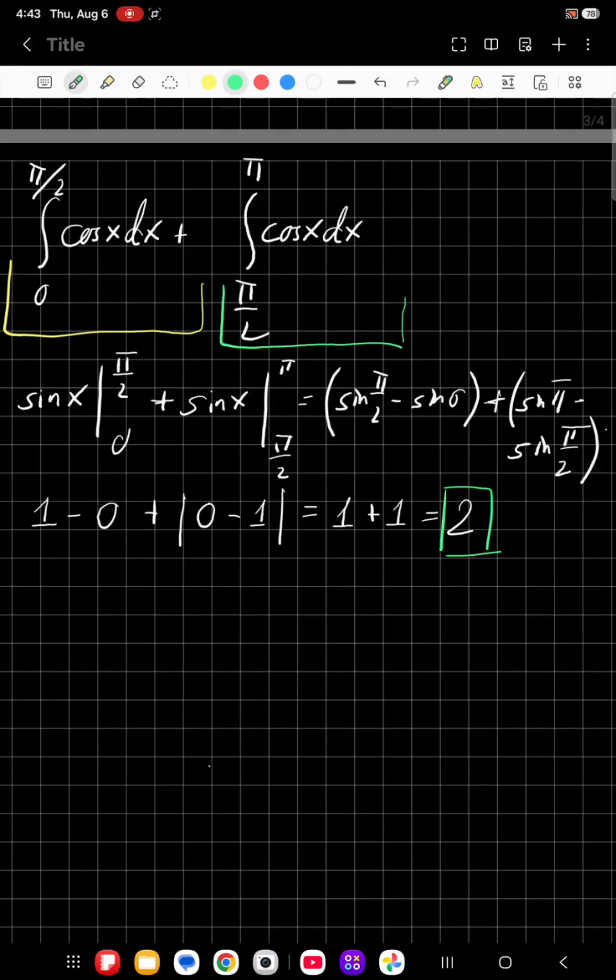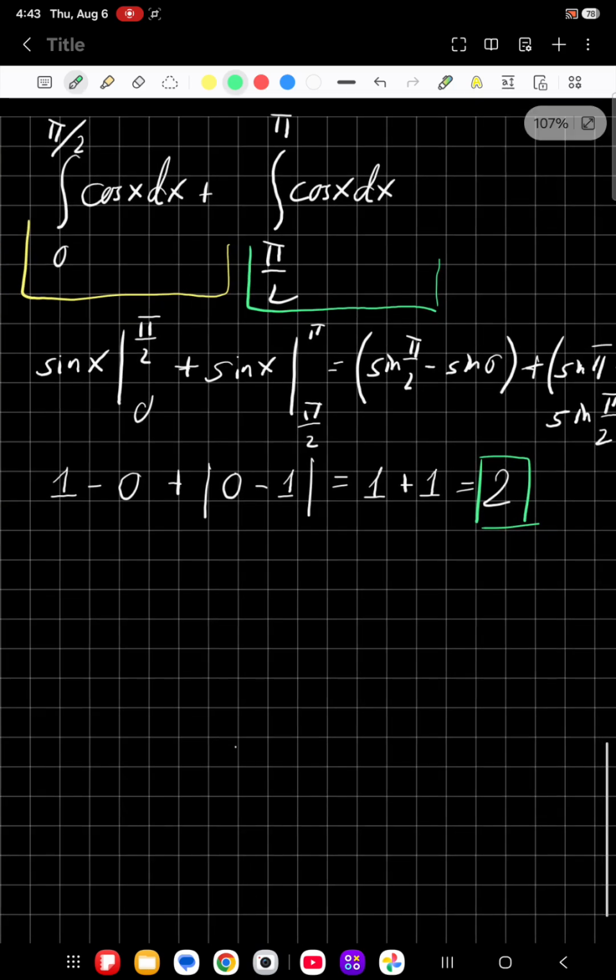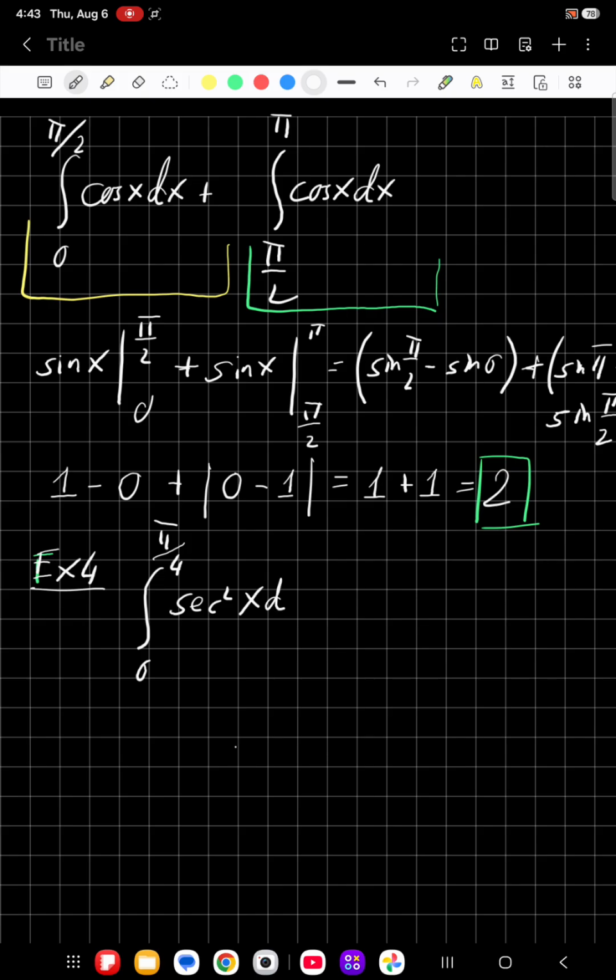Okay, so let's do another example with a trigonometric function. Example 4. We have the integral from 0 to pi over 4 of secant square x dx.